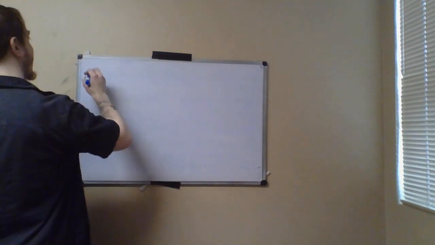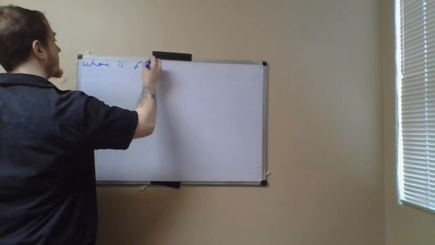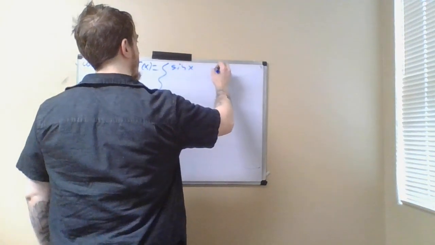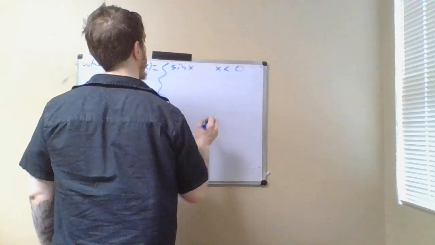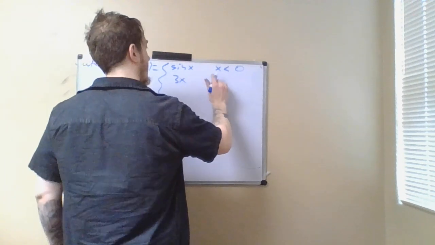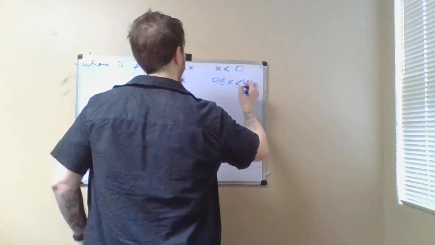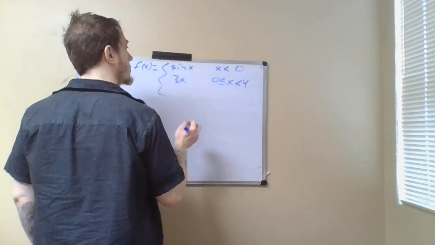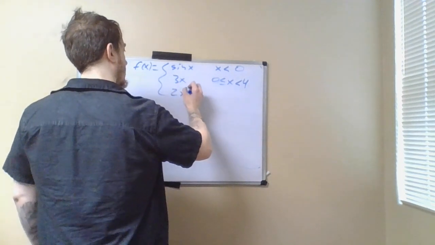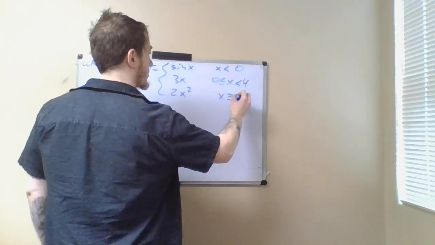So let's suppose that I want to know where f of x is continuous, where f of x is equal to sine x for x less than 0, and then it's going to be equal to 3x for 0 less than or equal to x less than 4, and then it's going to be equal to 2x squared for x bigger than or equal to 4.